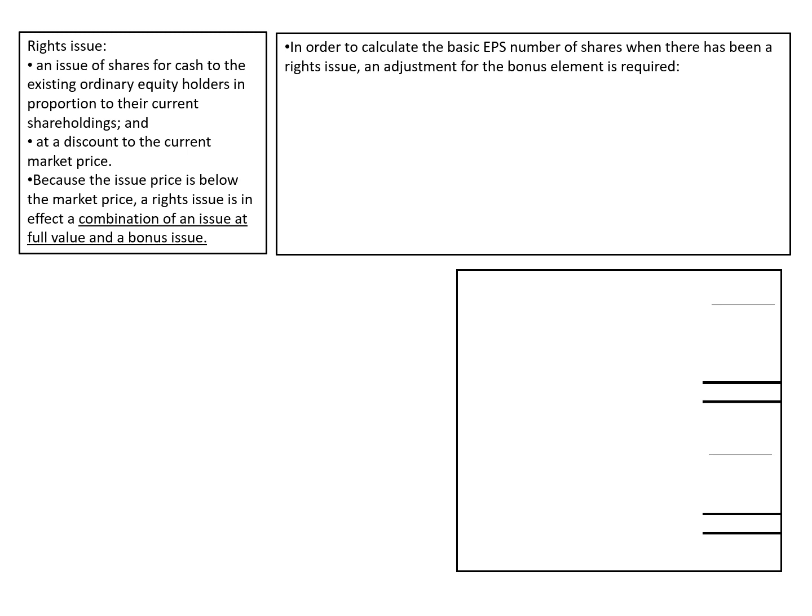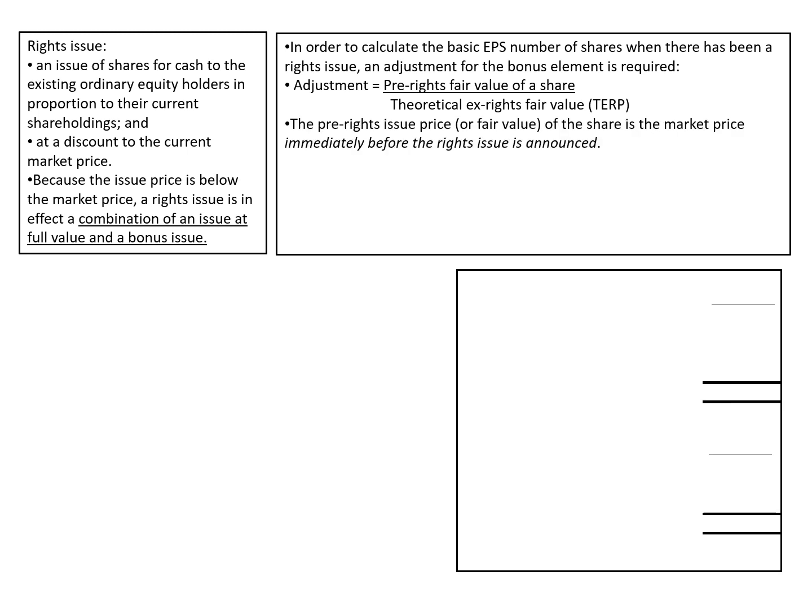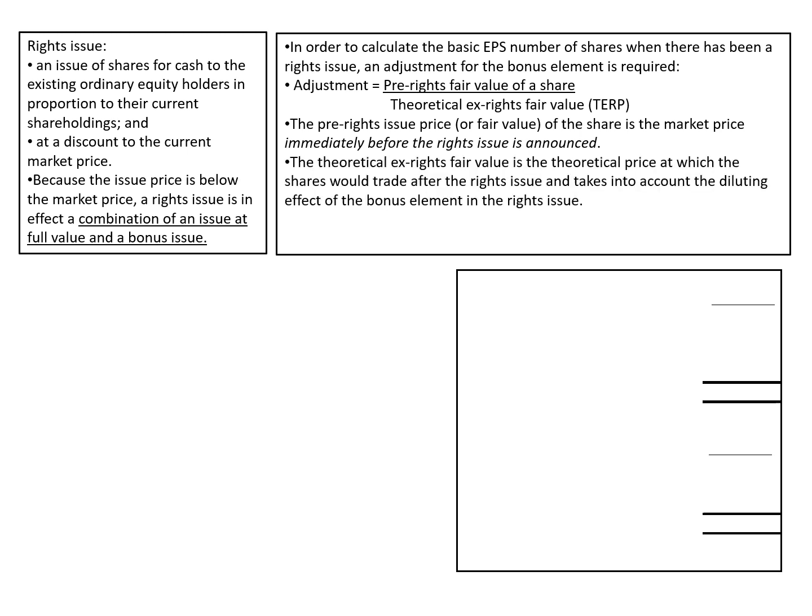So in order to calculate the basic EPS number of shares where there has been a rights issue, an adjustment is required for the bonus element. This adjustment is to divide the pre-rights fair value of a share by the theoretical ex-rights fair value, or TERP. The pre-rights price of the share is the market price immediately before the rights issue is announced.